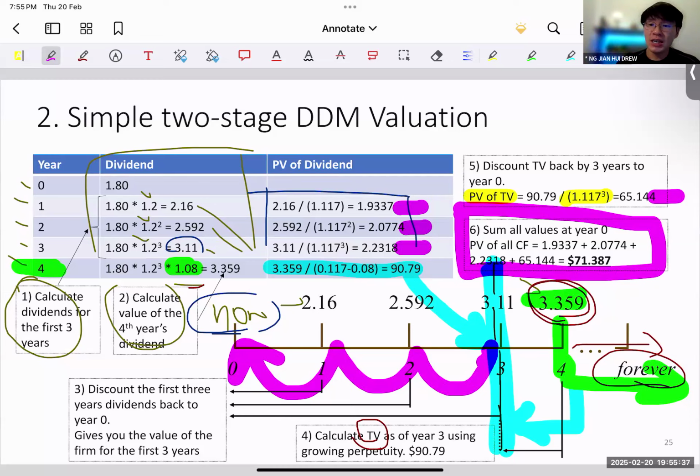If you keep on changing, then of course it's not smooth, right? Your dividend payout is not smooth. So dividend smoothing helps you use the assumption of, let's say, the growing perpetuity to value your terminal value and therefore value your firm.